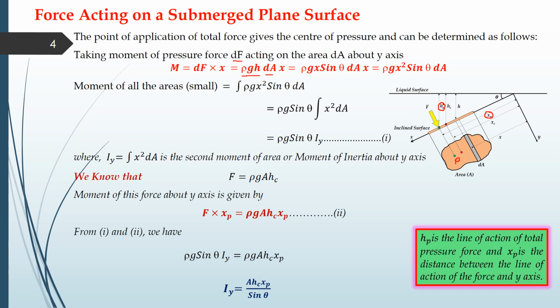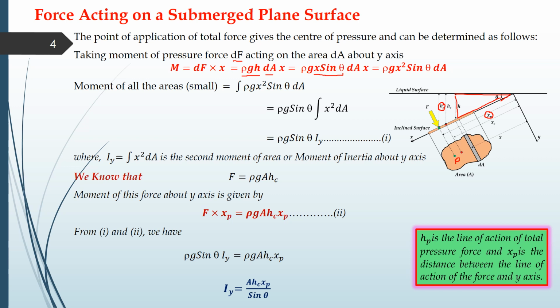So we have this term again. We can write h as x sine theta, as we did in the previous case from this triangle. So we can then write it as rho g x square sine theta dA.